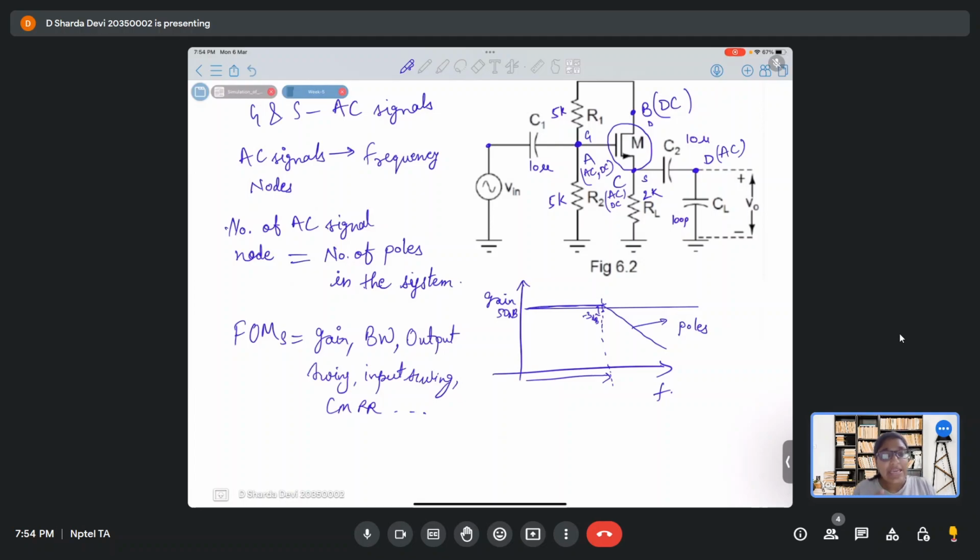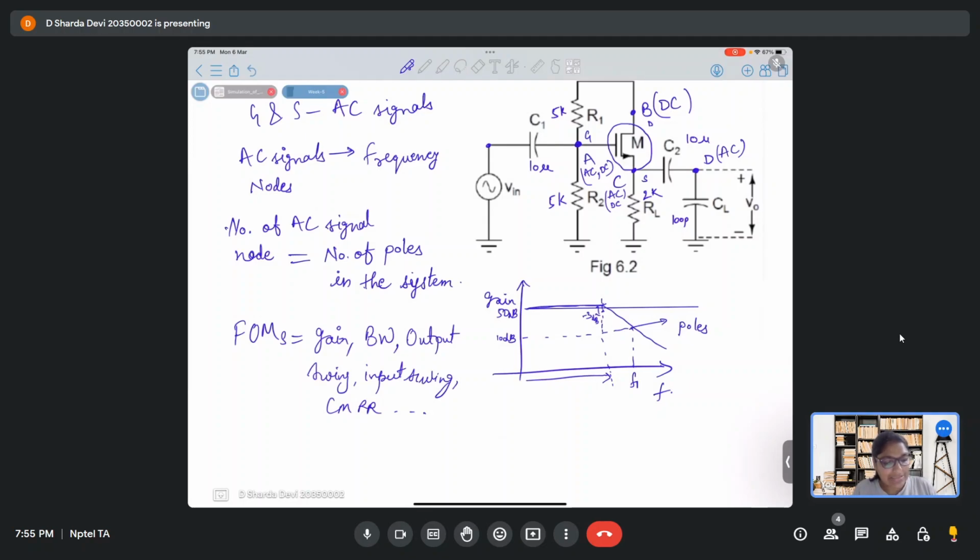That means for what range of input frequencies your amplifier will behave as a linear amplifier, or give you the gain that you require. The moment you reach, let's say, frequency f1, your gain has changed. It was earlier 50 dB, but here it might be giving you 10 dB. This is not what you want, right? And here it's continuously changing also.